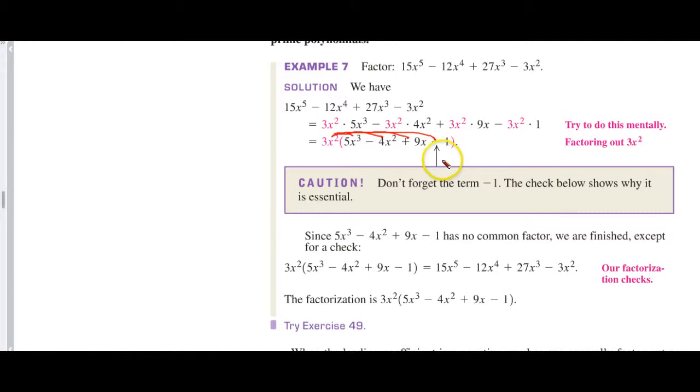Okay? If that 1 wasn't there, you wouldn't have a place to put this. That is very important. Now, if it were a positive one, it'd be the same. You would need the 1 there. Okay? And now what's left in the parenthesis has no more common factors.